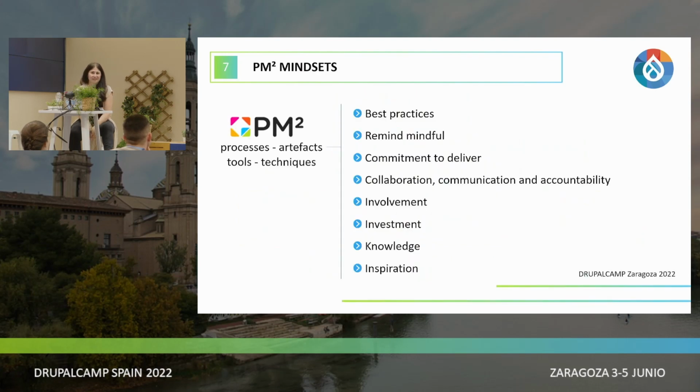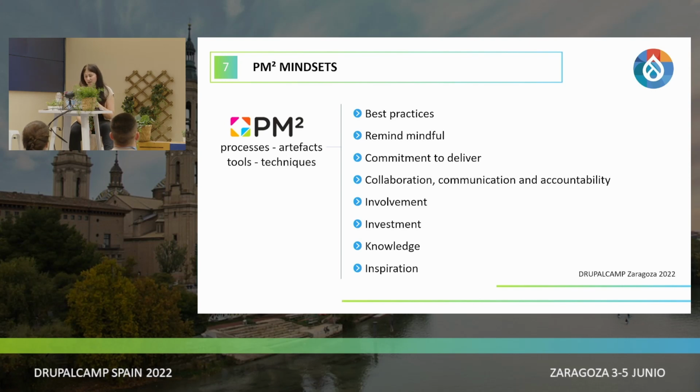Okay, the mindsets. It's very important for me to explain that part because this is also very beautiful in this methodology. So the mindsets, it says in the PM Square, are the attitudes and the behaviors that help the project team to focus on what is really needed and what is important to achieve, which are the project goals.